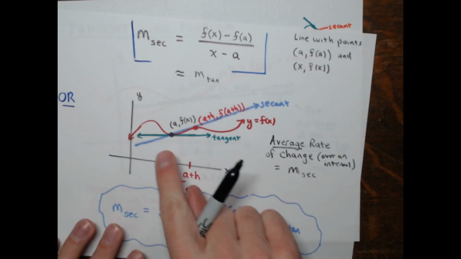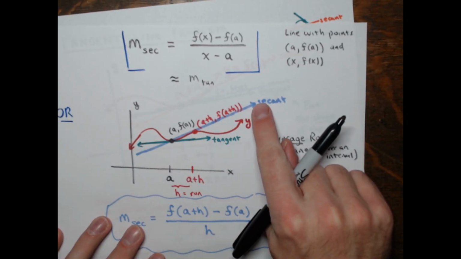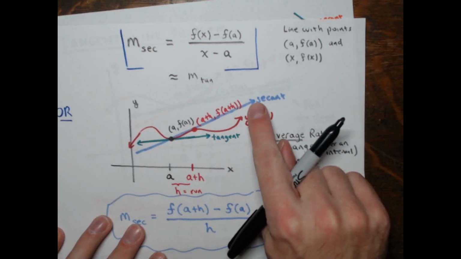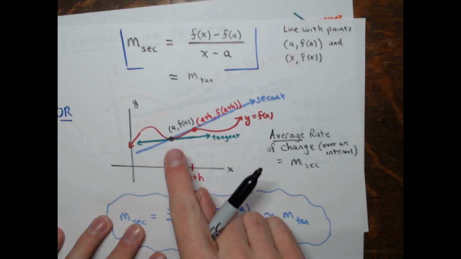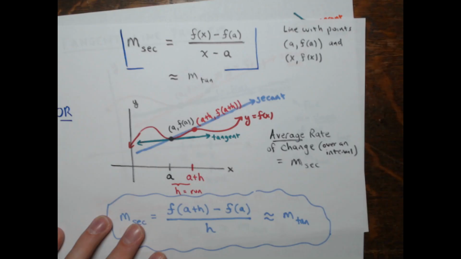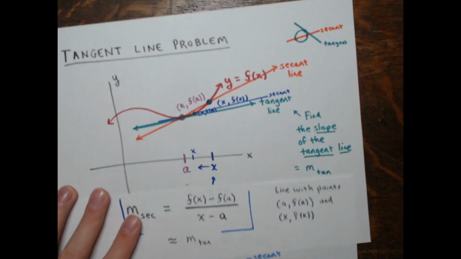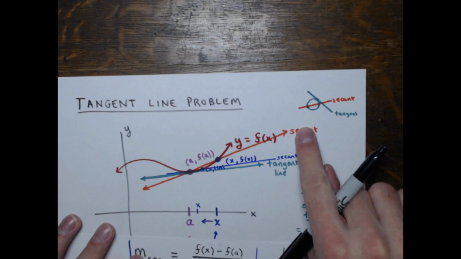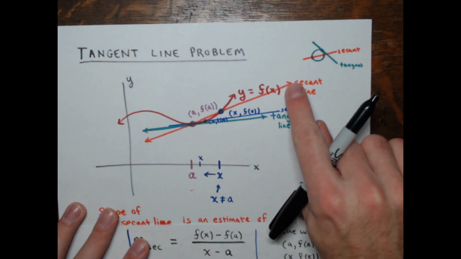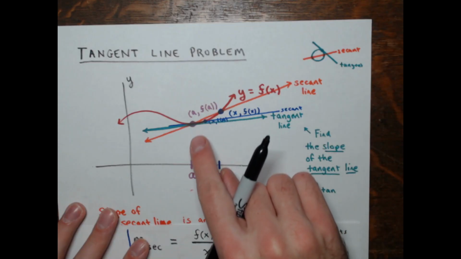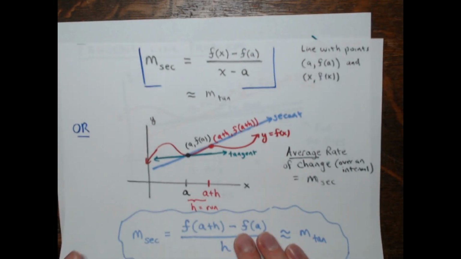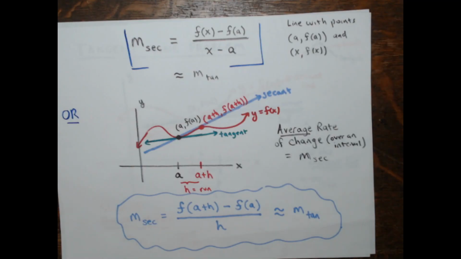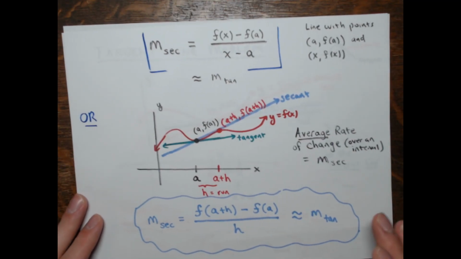All right, so like here, this secant line I drew, the slope of this line would be called the average rate of change of our function from a to a plus h. Or back here, this orange secant line, the slope of this line would be called the average rate of change of our function from a to x. All right, so it's over some space, over some interval on the x-axis.